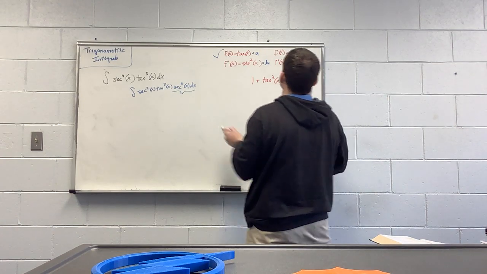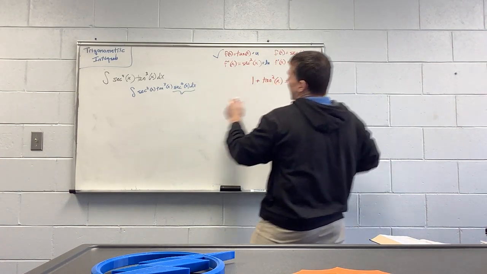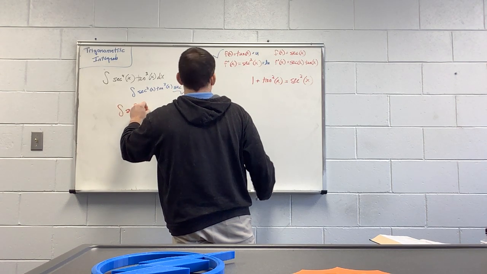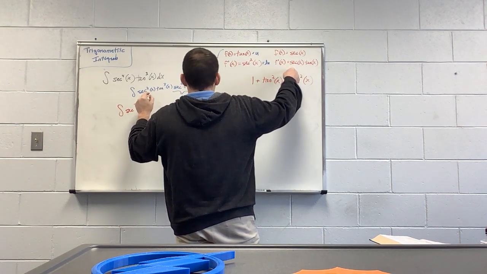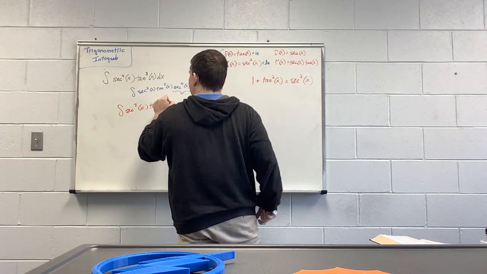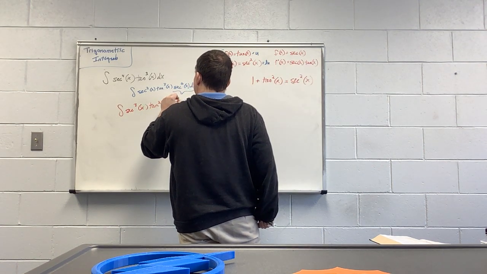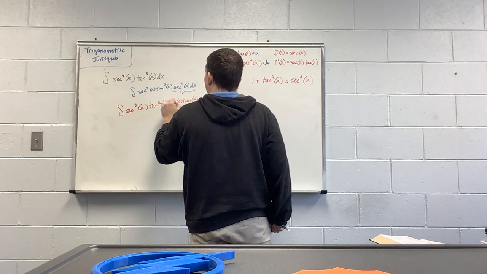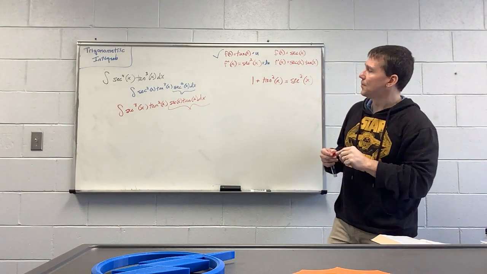If I try the other one, my du is secant tan, so if I pull that out, I get secant cubed, because I pull out one of them, tangent squared, because I pull out one of them, and then I have my secant x tan x dx on the end. All of this is my du.